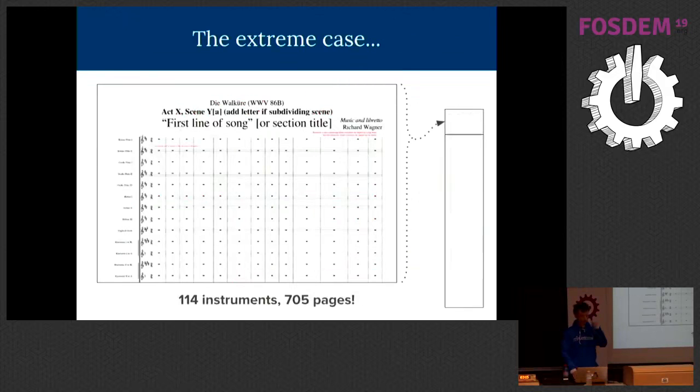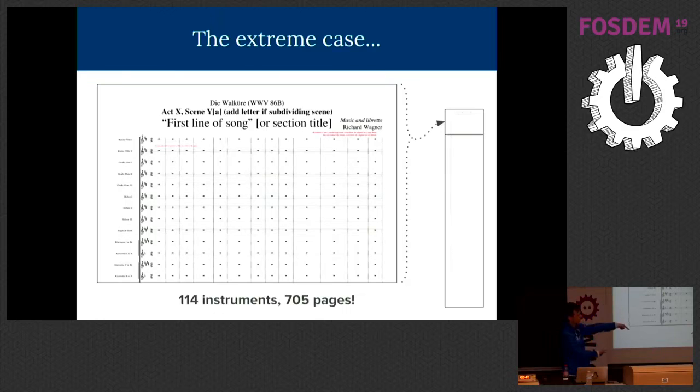And in the extreme case, we have Wagner's Die Walküre here, which is the opera that contains the Ride of the Valkyries. You can see the template score for this has 114 different instruments. What you're seeing here on the left is a zoomed in version, and on the right you can see that line indicating how much you're looking at.